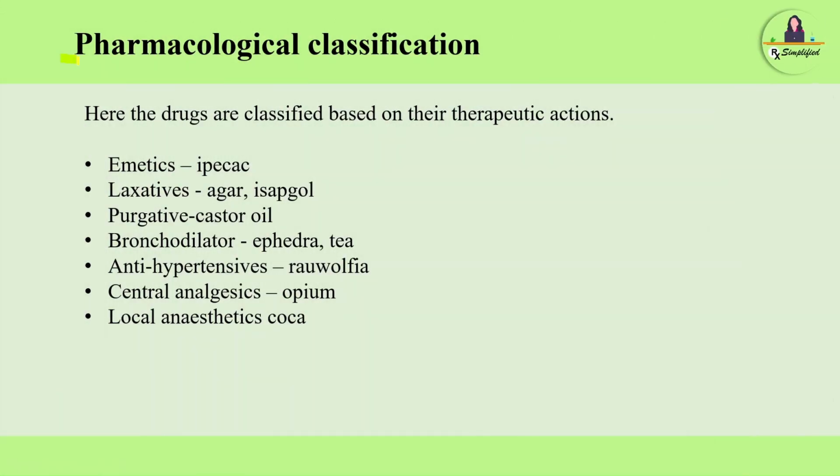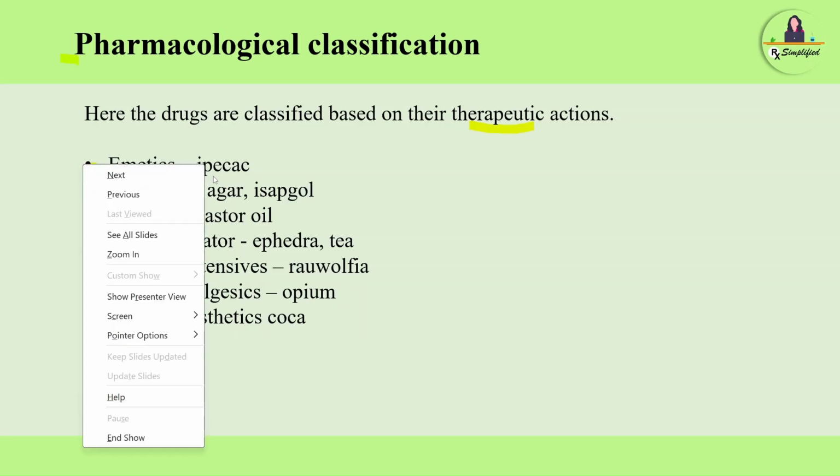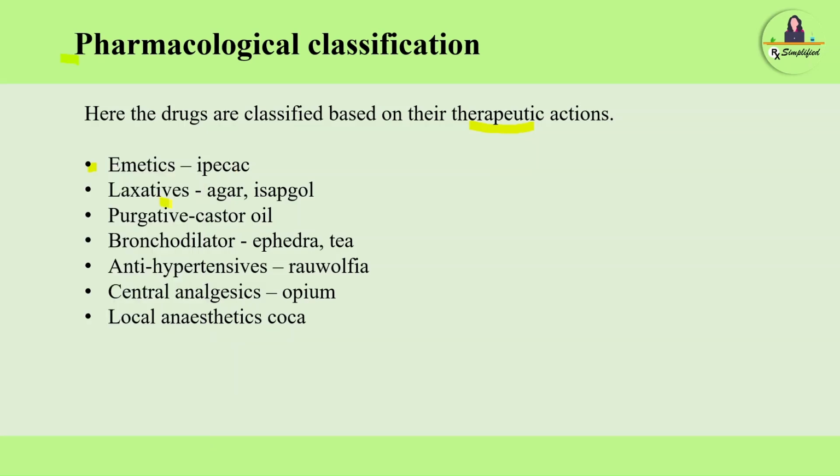Next is pharmacological classification, meaning drugs are classified according to their therapeutic actions. Emetics means which are used to induce vomiting. Example: ipecac. Laxative means which prevent constipation. Agar, isabgol. Purgative is the highly effective dose of the laxative, for example castor oil.